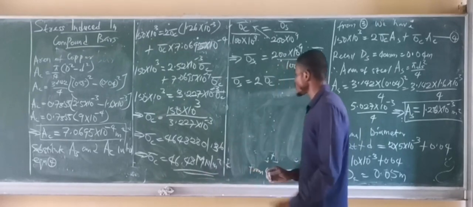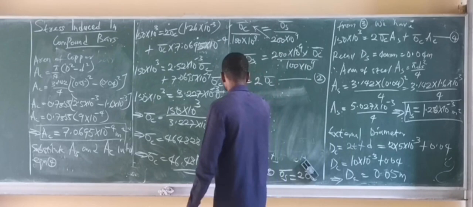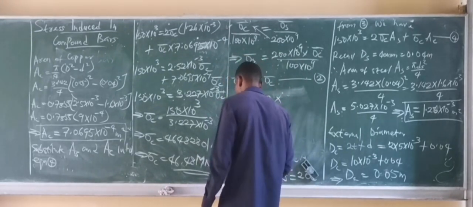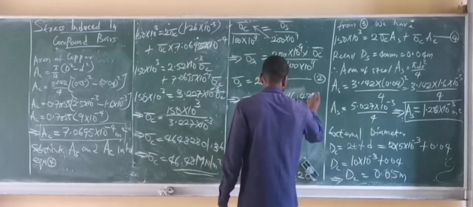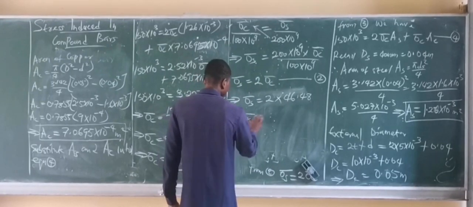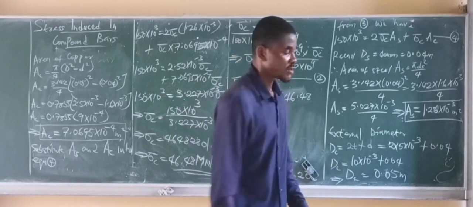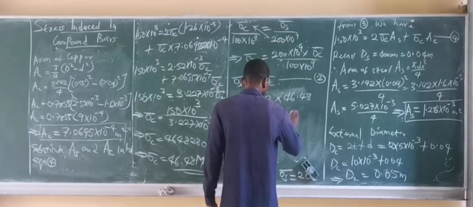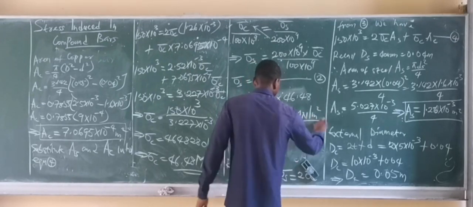So we recall from equation 2 that sigma S is 2 sigma C. That simply implies that sigma S, the stress in the steel, is 2 times 46.48 meganewtons per meter square, which should be about 92.96 meganewtons per meter square.